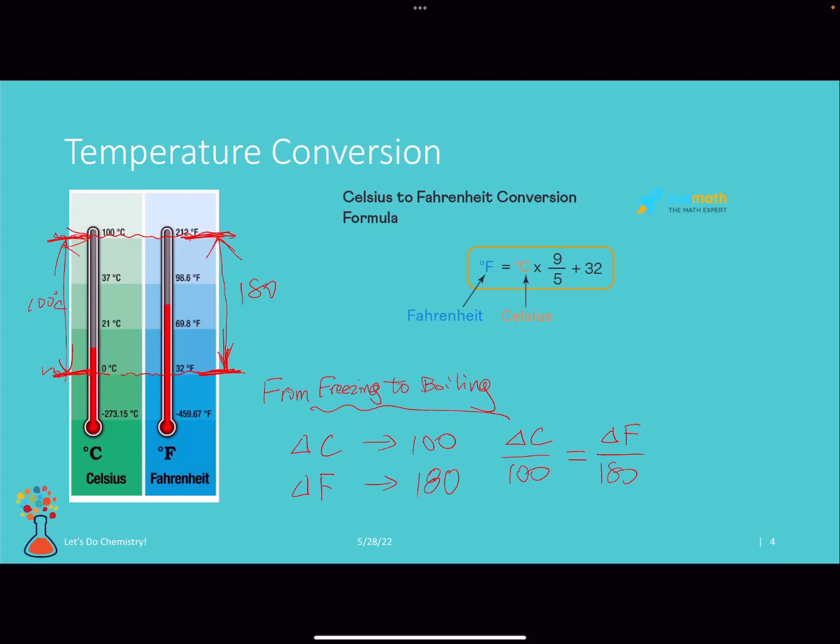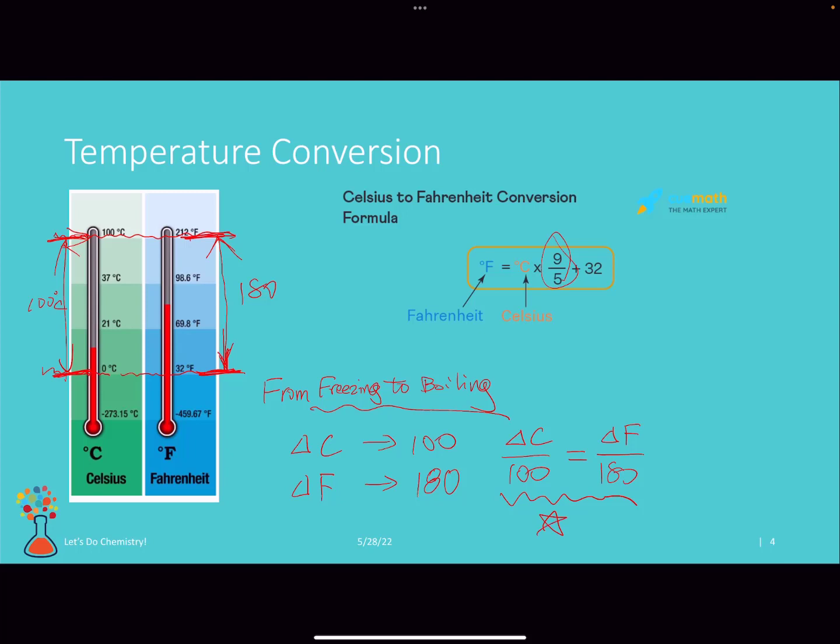This is very important for us to understand how this factor comes from. This is a very important milestone if you can understand this.